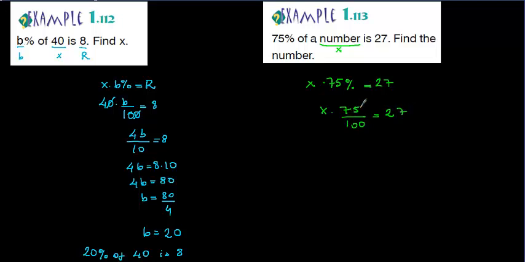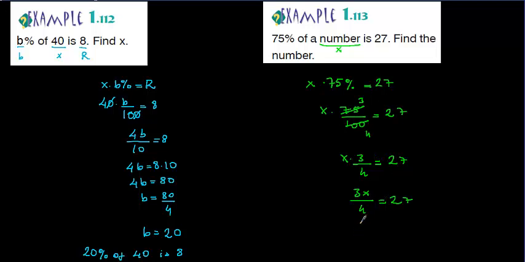Here both numbers are divisible by 25. When you divide 75 by 25, it's equal to 3, and 100 divided by 25 is equal to 4. x times 3 over 4 is equal to 27. So 3x over 4 is equal to 27. You know we are multiplying the integer only with the numerator.